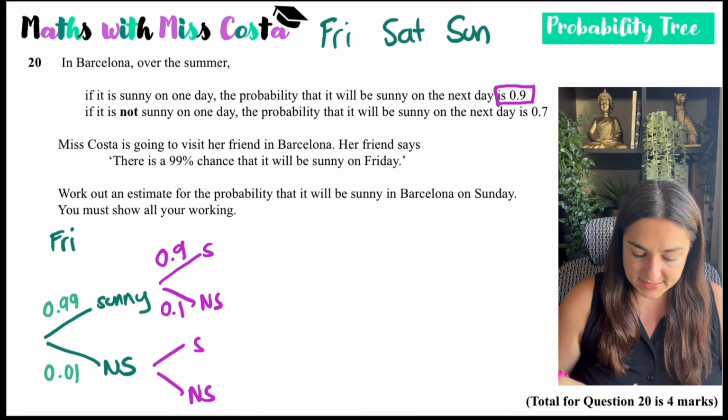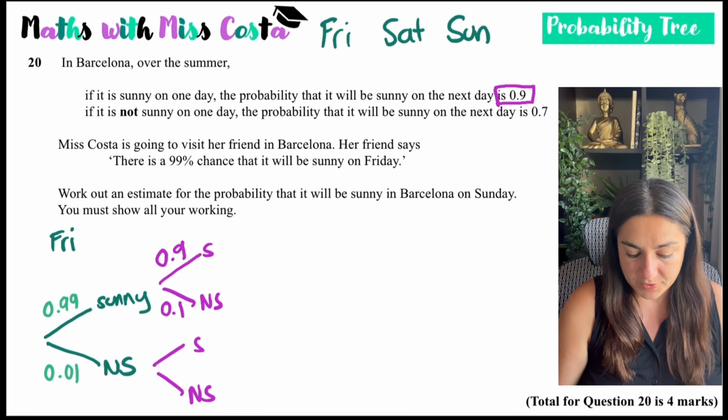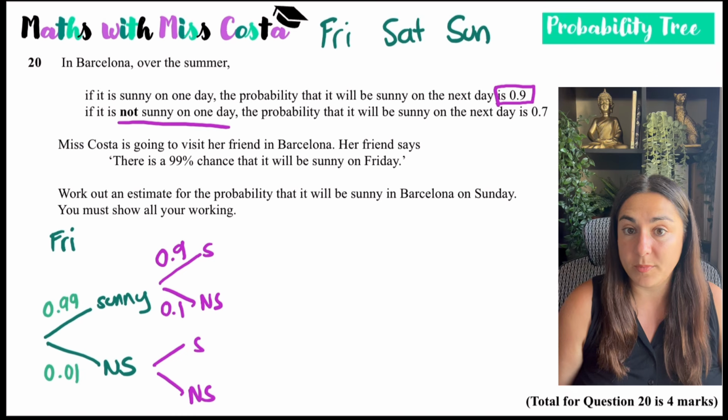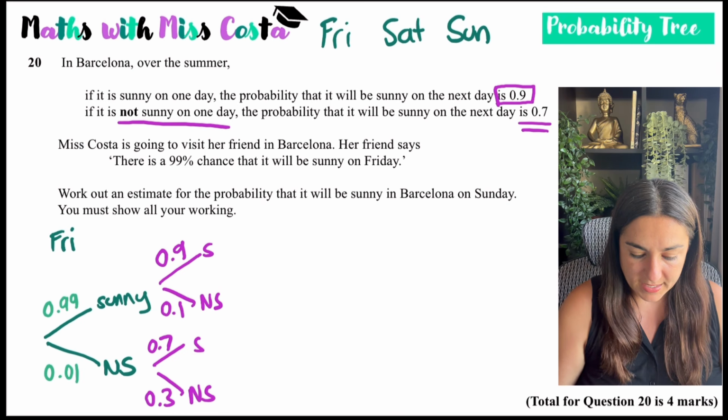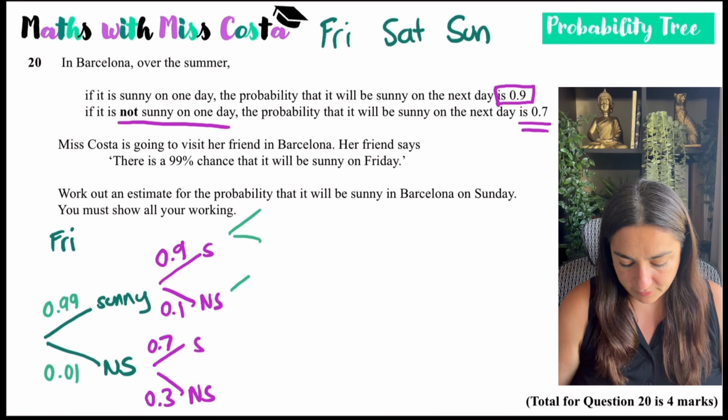Then if it wasn't sunny on the Friday, the probability that it will be sunny the next day is 0.7. So the probability it's sunny would be 0.7, and therefore not sunny would be 0.3. I didn't leave much space for myself, but hey, what can we do?